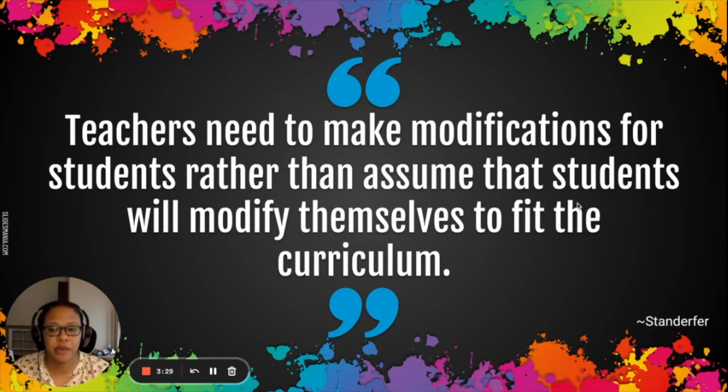This is a quote from the Standard for article that I talked about earlier: Teachers need to make modifications for students rather than assume that students will modify themselves to fit the curriculum. Such a great quote, because oftentimes we get this curriculum set in our minds and we think about the concepts and skills that need to be acquired over the course of the year, but then we don't think about the differences we have to account for with our students.